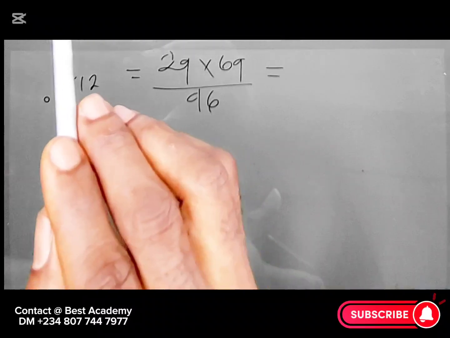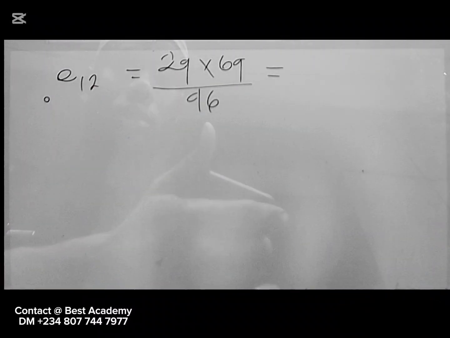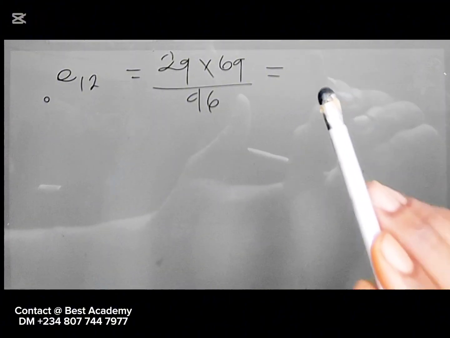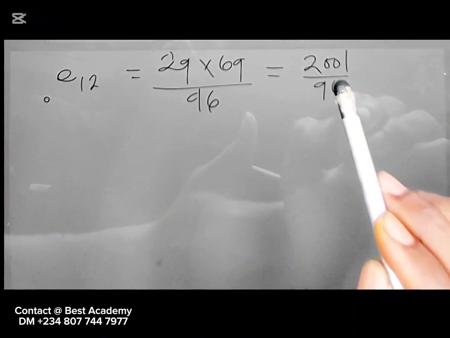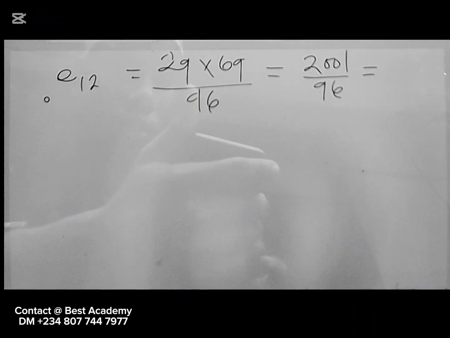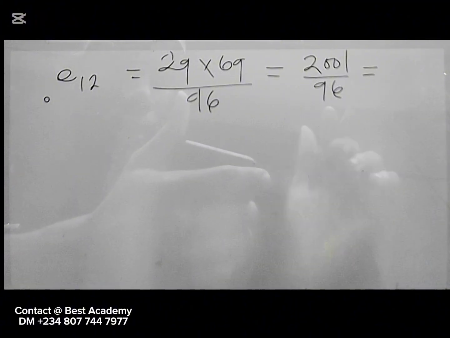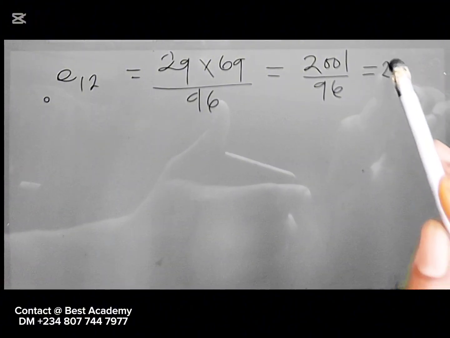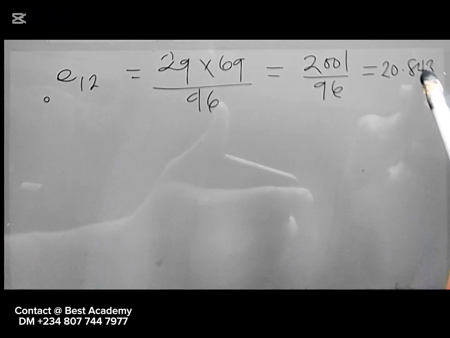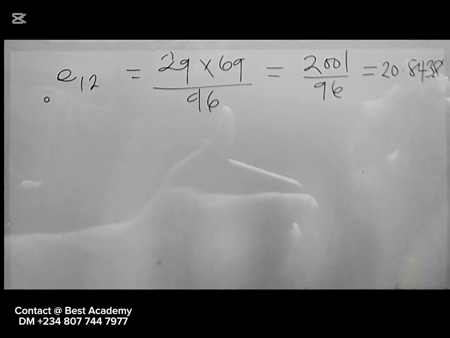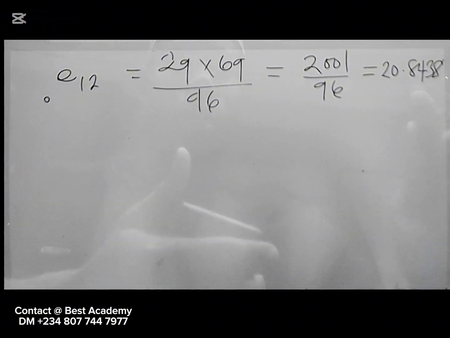I have 29 times 69, which is 2001 divided by 96. So my answer will be 20.8438, approximating to 4 decimal places for accuracy.